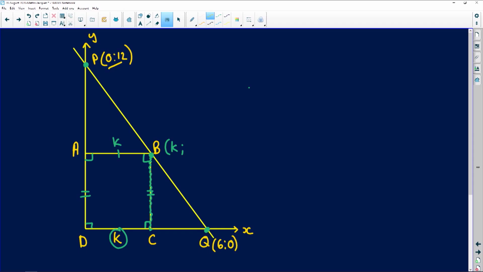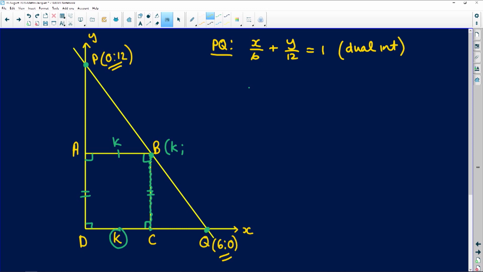Now, what did they tell us? They told us B lies on the line segment PQ. So I'm going to use that. And what's even more beautiful, look at this. P is the y-intercept, Q is the x-intercept. So we're going to start off by finding that equation. The equation is x over 6 plus y over 12 is 1, your dual intercept formula.